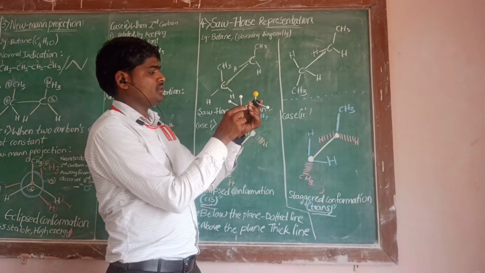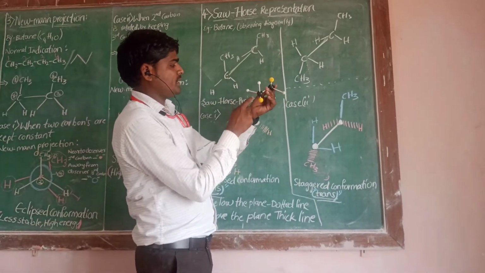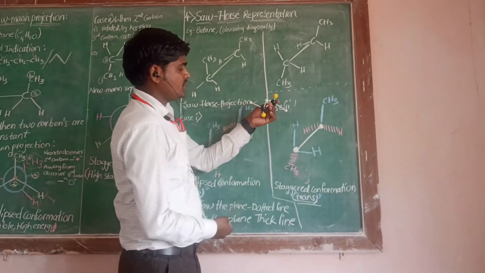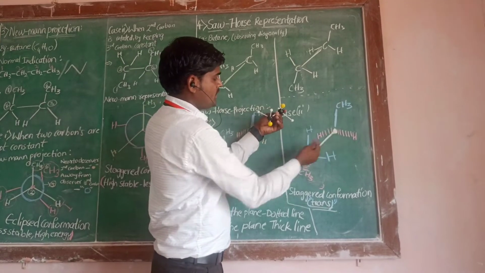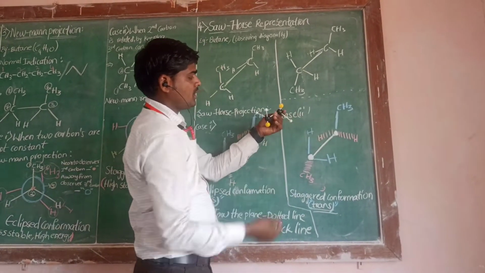Now in this structure, there is the second carbon, with a diagonal sigma bond to the third carbon.